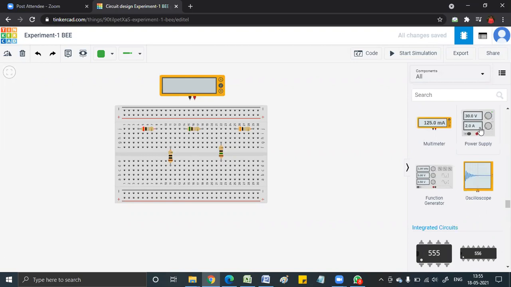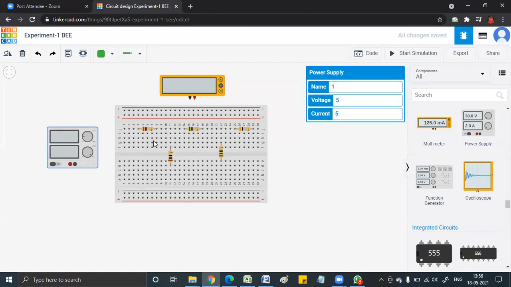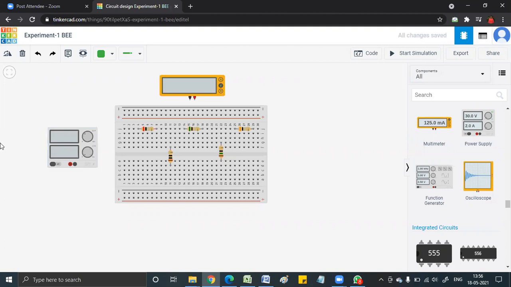One power supply. Now tell me the connection. Where is the power supply positive pole? What is the value of this power supply? 10 volt. Okay, 10. What do we write for current? Nothing. NaN. So automatically it will become NaN. Where is the positive of the power supply going?